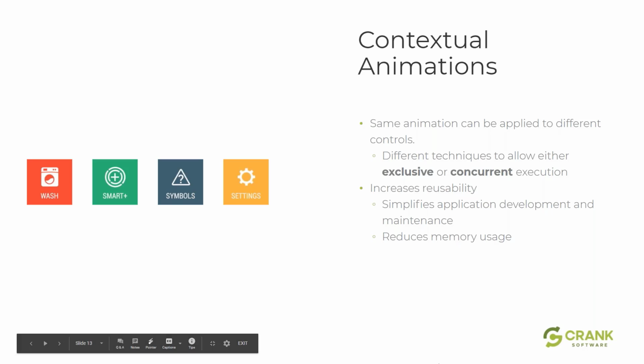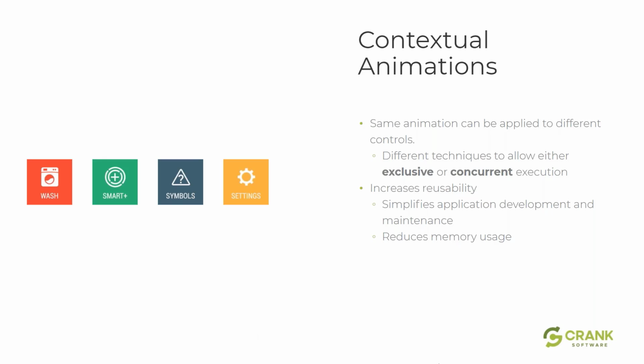One of the powerful things we can do in animations is have contextual animations. This means you can have an animation that's defined that isn't specific to any particular control. So that animation could be applied to any control. We will cover this a little bit further, but what's nice about this is you can have either exclusive or concurrent execution of these animations.